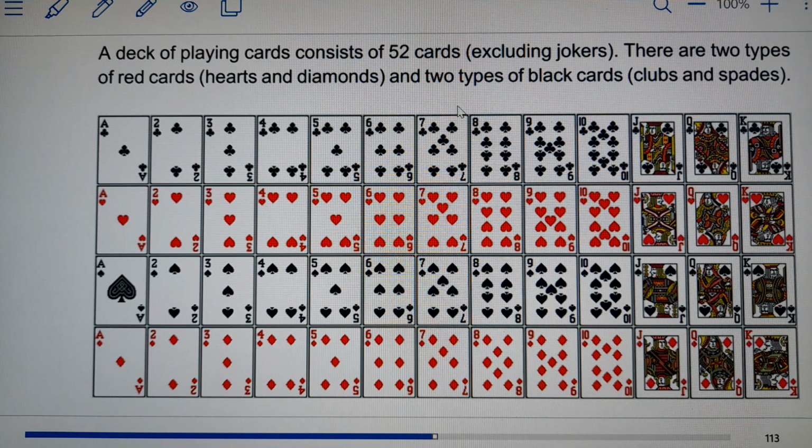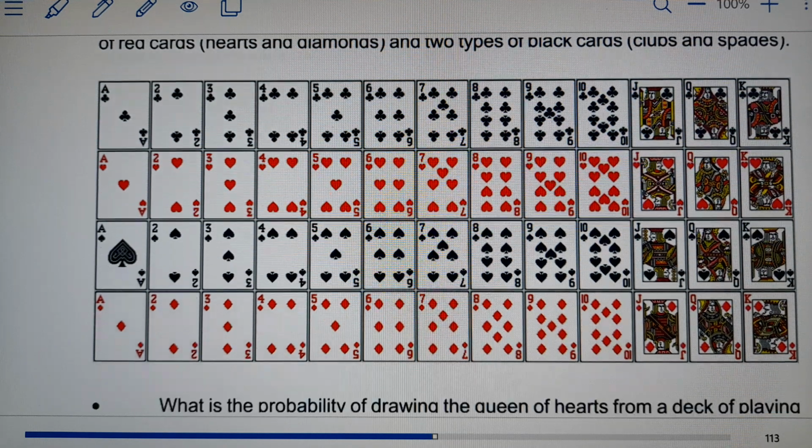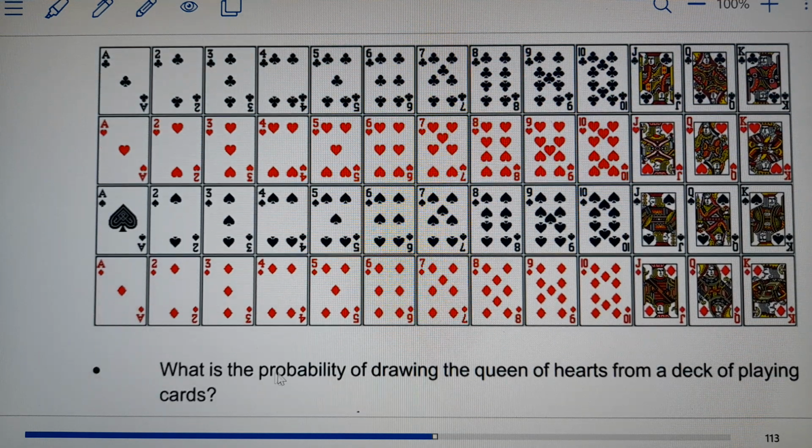There are 2 types of red cards: the hearts, these are the hearts, and the diamonds, these are the diamonds. And there are 2 types of black cards: the clubs, these are the clubs, and the spades. Okay, so now you know what a deck of cards is. So now, what is the probability of drawing the Queen of Hearts from a deck?